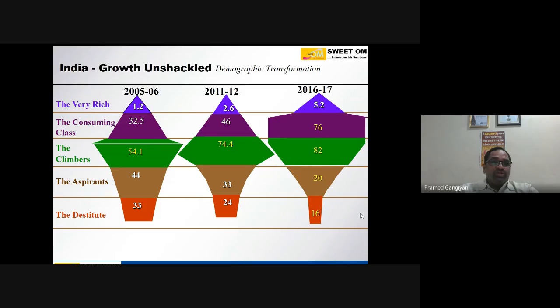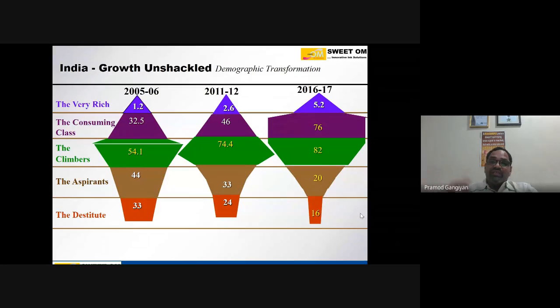If we see 2005, the very rich people were 1.2% of consumption, then in 2011 there were 2.6% rich people, and 5.2 percent were in the rich category in 2016-17, right?